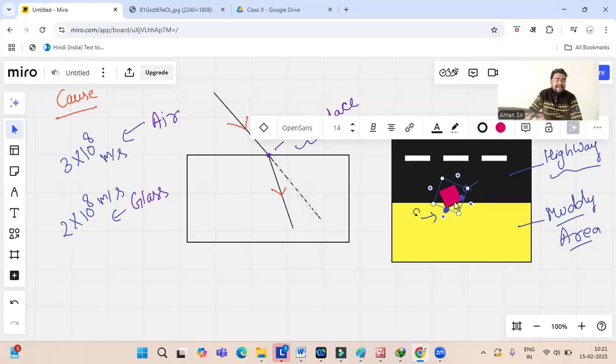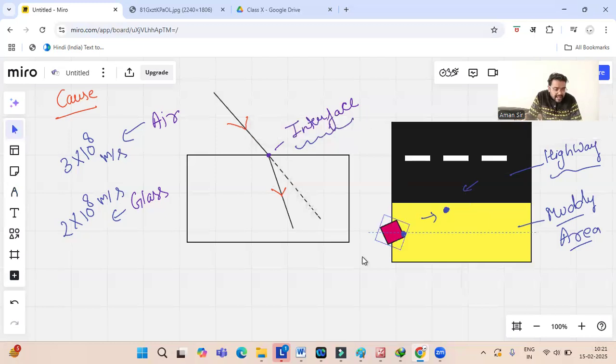So this is the correct cause of deviation of the car, since the car is moving from the highway to the muddy area, and that too obliquely. Why obliquely? Because only when the car enters obliquely can we see the variation between the speed of the right wheel and the speed of the left wheel. So the word obliquely has great significance.